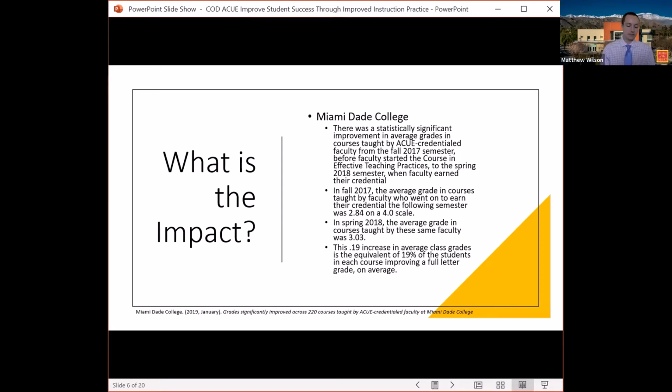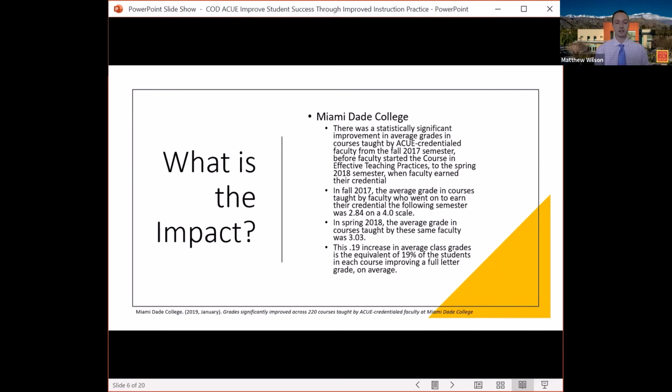They had 78 faculty earn their ACUE credential in 2018, and then they evaluated student success across 220 course sections that were now taught by these ACUE credentialed faculty members. And the best thing they found is statistically significant improvements in the average grades of courses taught by ACUE credentialed faculty from the fall 2017 semester before they started to 2018 after.